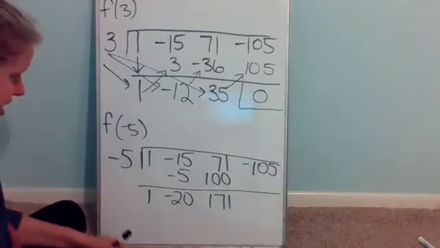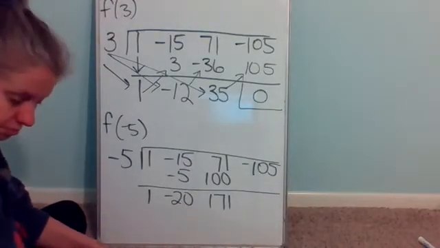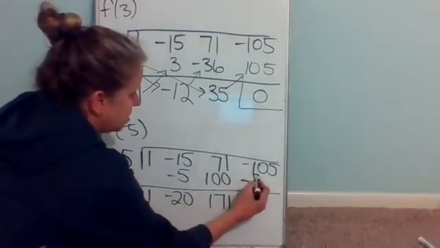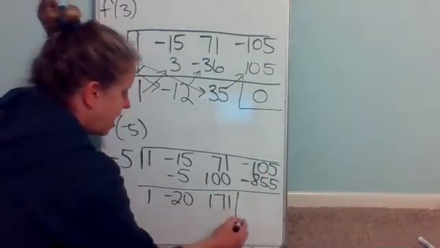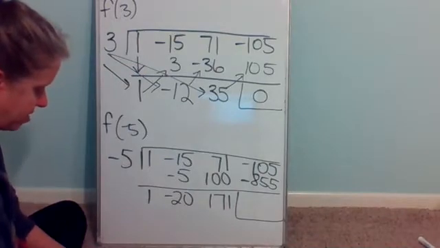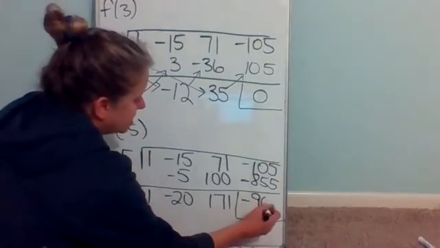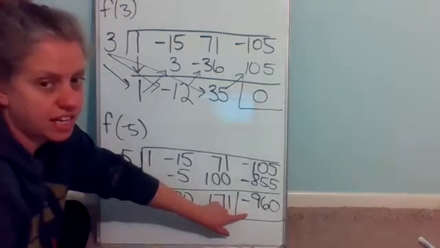Negative 5 times 171 gives me negative 855. And when I add that, negative 855, and combine it with negative 105, it gives me negative 960. So negative 960 is what f of negative 5 is.